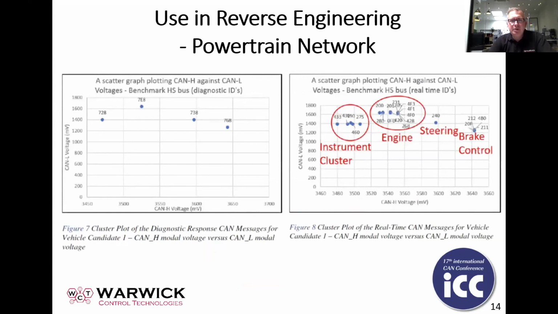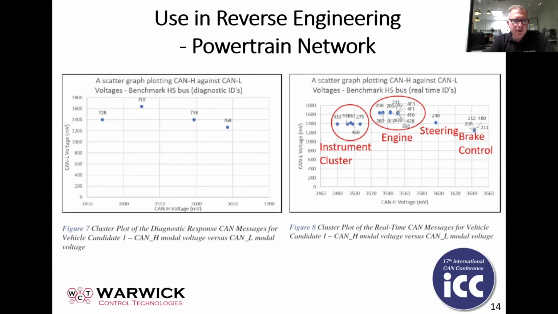So again, we've got a different vehicle this time, and that's one with a fairly simple control system. But you can see on the left-hand side, we've got the diagnostic responses. Basically, the request was made using a diagnostic tool, and the response came back, and we measured the actual electrical information.